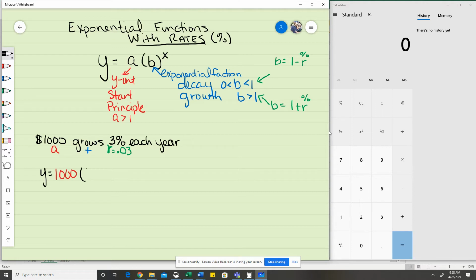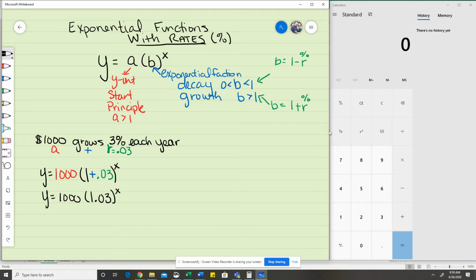So we're going to have 1, and since it's a plus, our 0.03, and all of that is to the x power. So then we want to simplify this. We're just going to add that together. So y equals 1,000 times 1.03 to the x power.